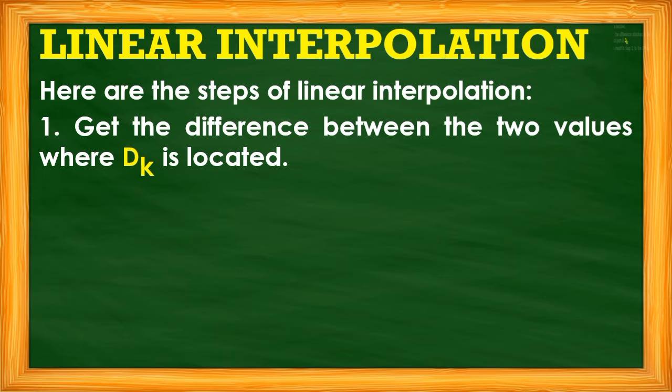So we need to subtract the two values where D sub k is located. Earlier, our D sub 4 was 7.3, the 7.3rd position. The 7.3 is between the 7th and 8th data, so we get the difference between the 7th data and the 8th data.